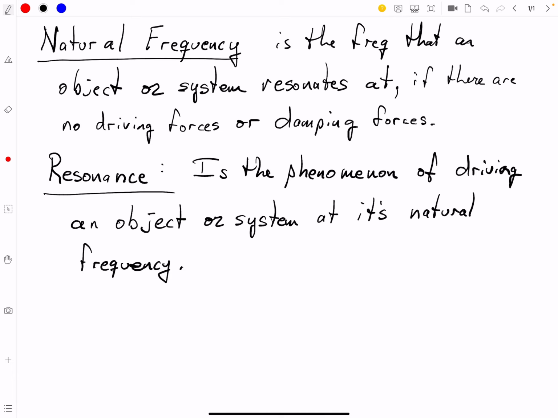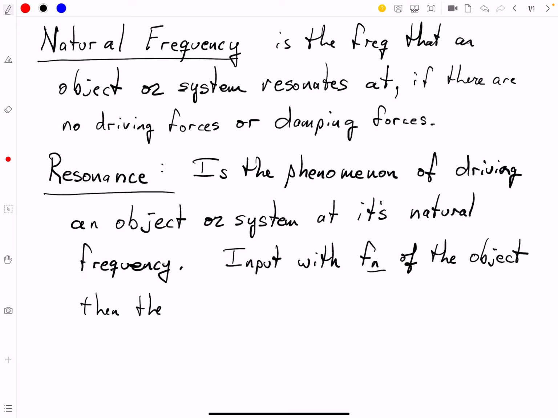So that's resonance. Let's put it a different way. If we input a driving force with the frequency of the object, the natural frequency of the object, then the object will resonate.